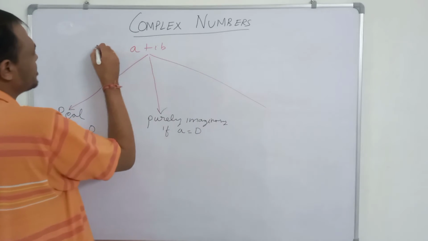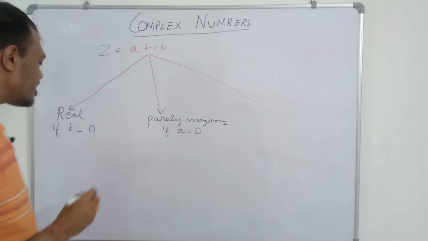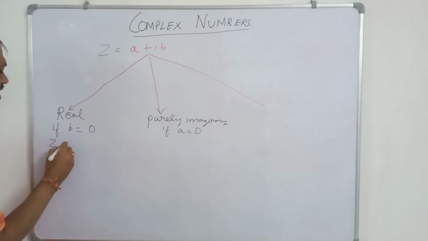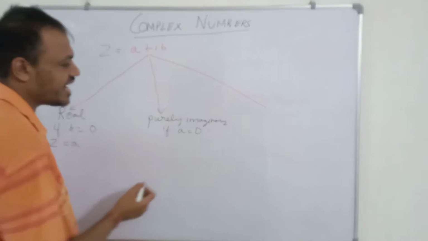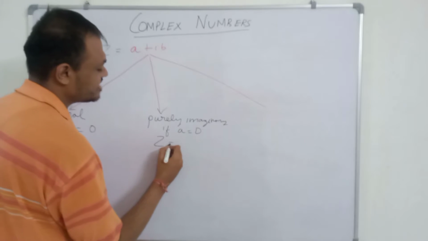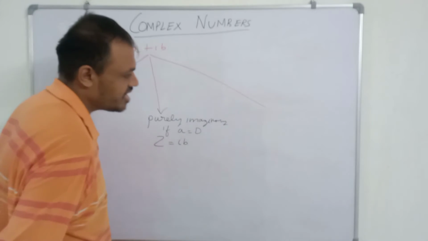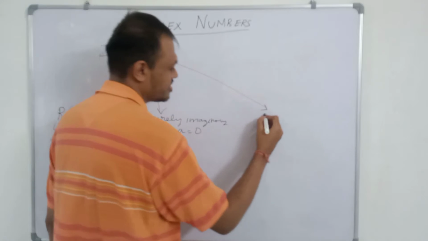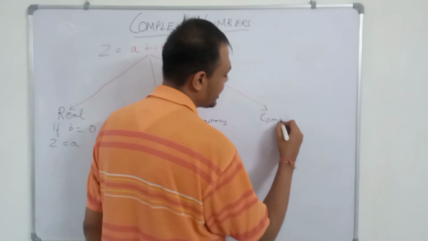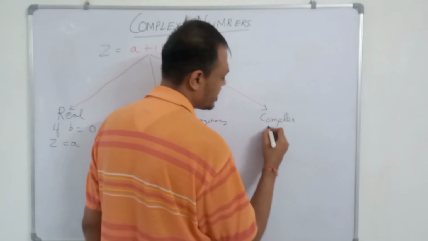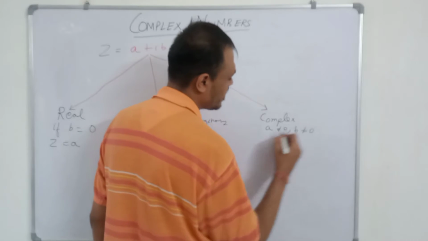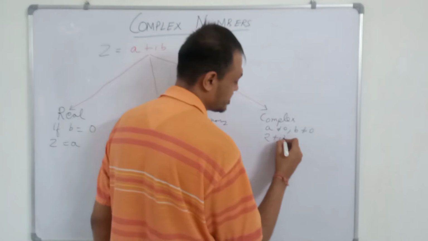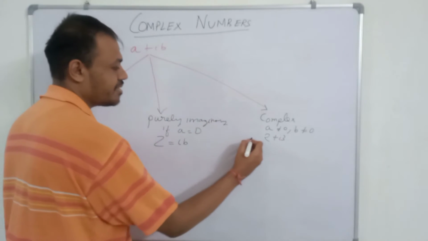So we denote a complex number by z equal to a plus iota b. Z is used to denote a complex number. Here z is equal to a, so z is purely real. If it is purely imaginary, then z equal to iota b. And they are complex when neither a nor b is 0. So 2 plus iota 3 is an example.